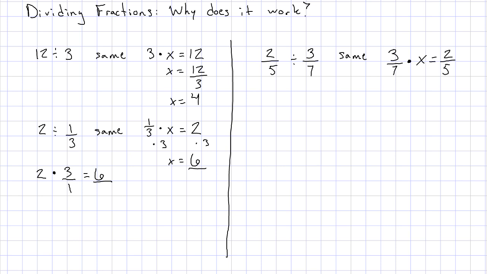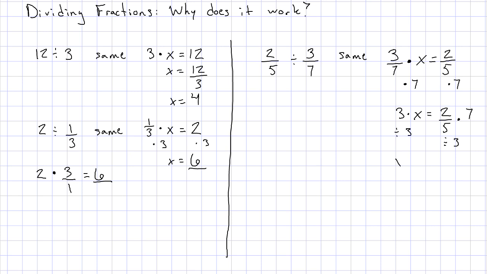And I'm trying to solve for x. Every time I do this, I have a 7 in my denominator, so I'm going to multiply both sides by 7. So I have 3 times x equals 2 over 5 times 7. Then I'm going to divide both sides by 3.